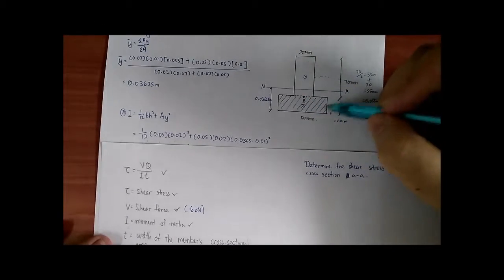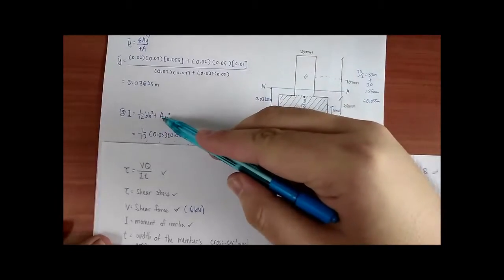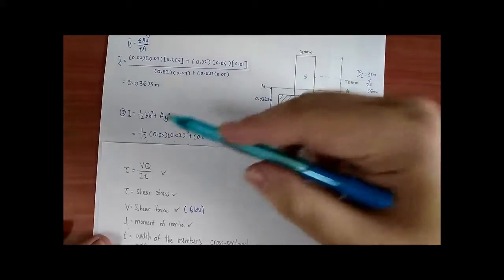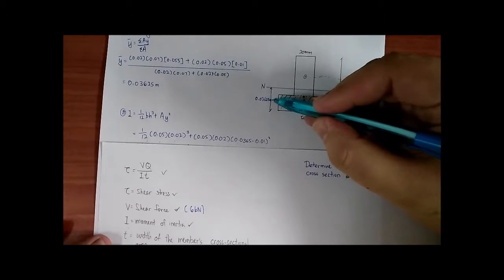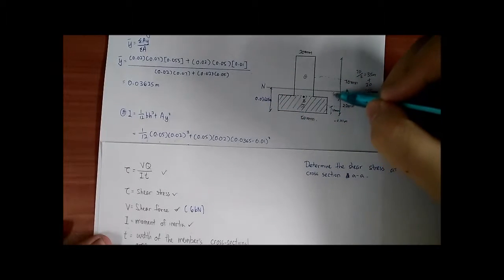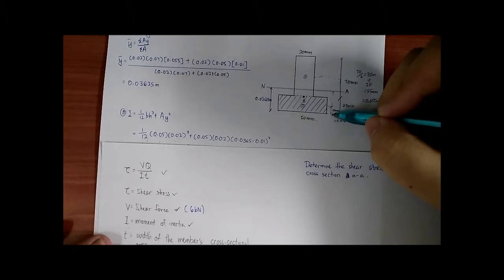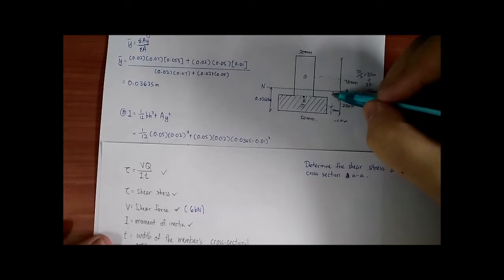So the y for this one is 0.03625, this whole length, minus this length.